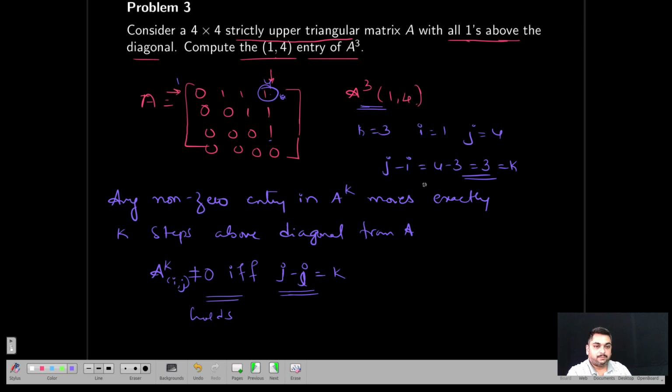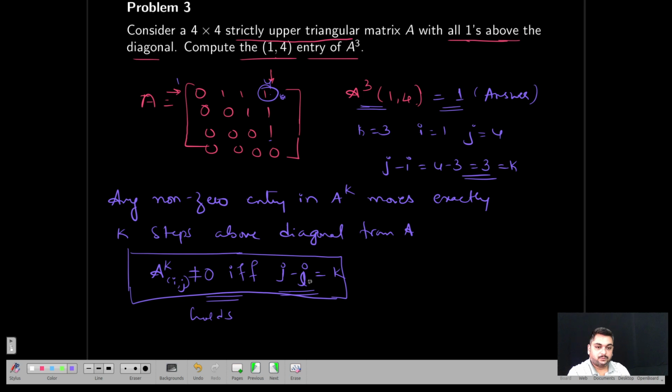So in my product also, this element will be 1 only. That is the meaning. So the answer is 1. This property applies only for a strictly upper triangular matrix, so you should be careful about this.